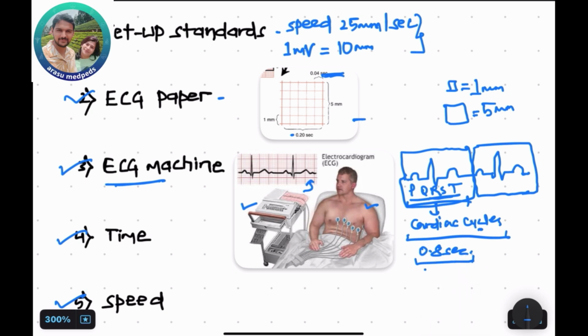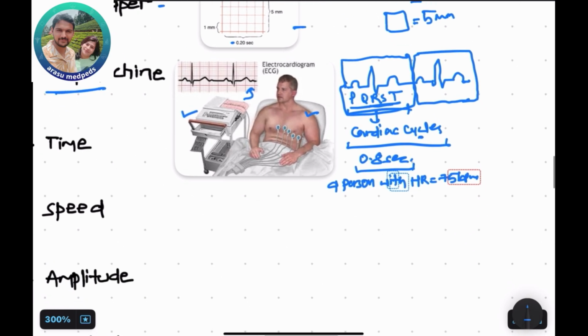It was in a normal person, with a heart rate of about 75 beats per minute. For that person, every cardiac cycle accounts for 0.8 seconds. This is the normal thing.